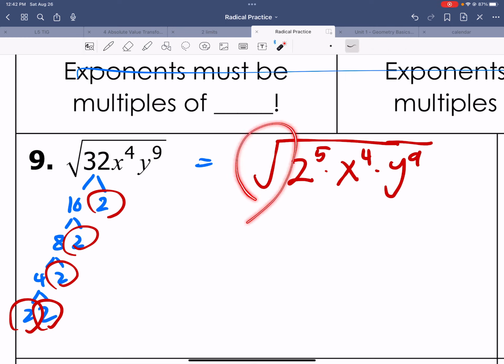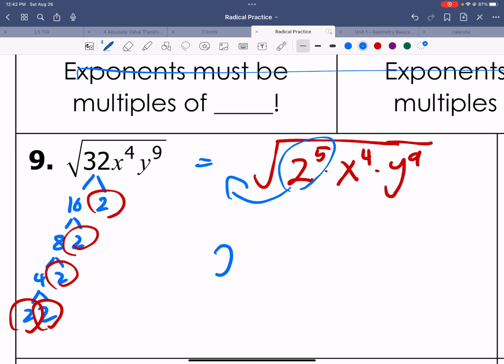And it's a square root, which means if you want to take this out, you need a pair, which means you need multiples of 2. So how many times can I take out 2? Twice, because 2 times 2 is 4.